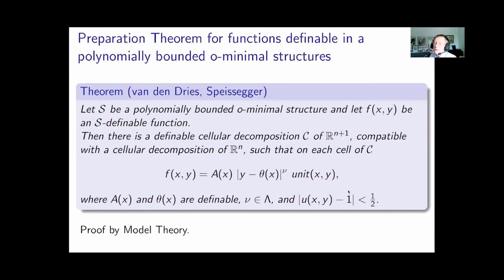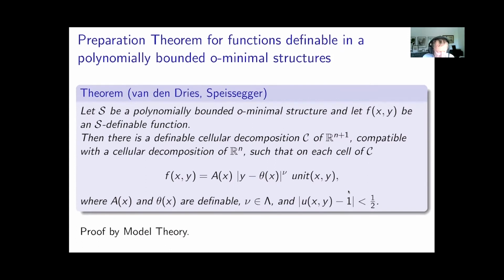This is a geometric translation of a property which is called the valuation property, which was obtained by van den Dries and Speissegger after long work, at least three papers.